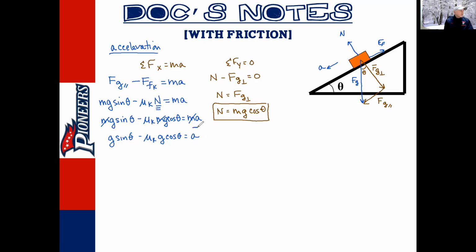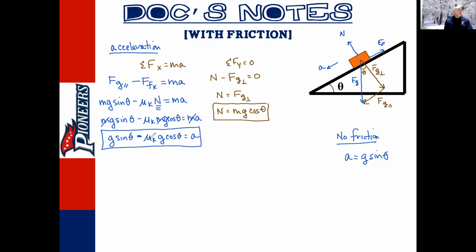And so if you look at this result for acceleration, and you look at the result that I had when there was no friction, we got this. Well, think about it. If this is the greatest amount of acceleration we can have on an incline, if we add friction, it's going to make it slower, a lower rate of acceleration, and so we're subtracting this much from this.